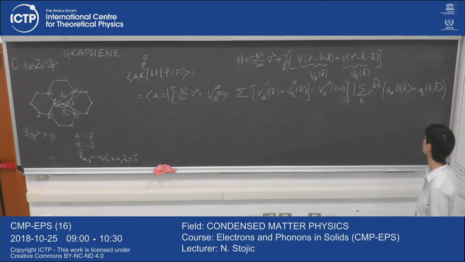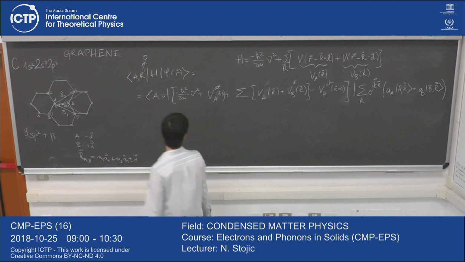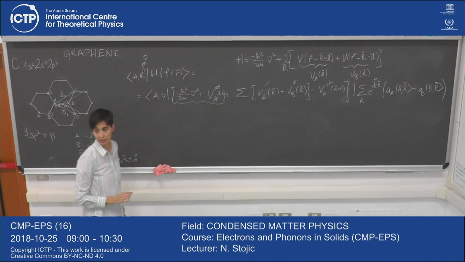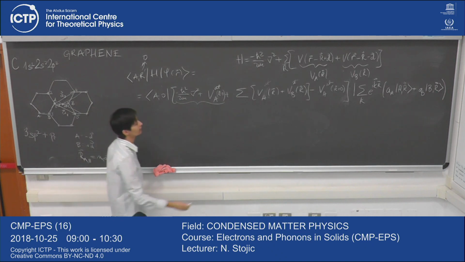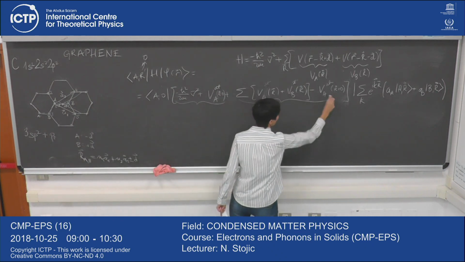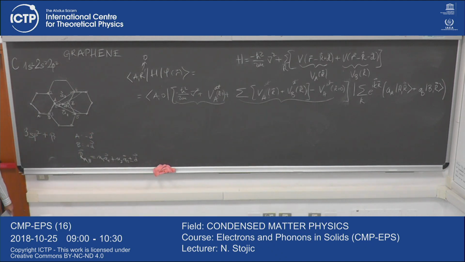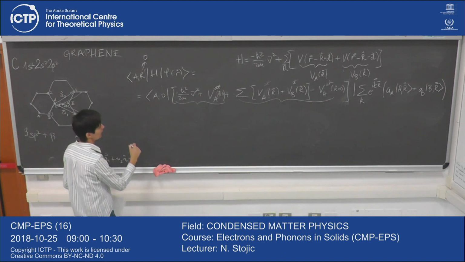Fine. This we already know what it will give us, atomic energies, and this is the crystal field. I'm repeating the same thing so many times that even if you haven't followed at home, reviewed, you will hopefully.